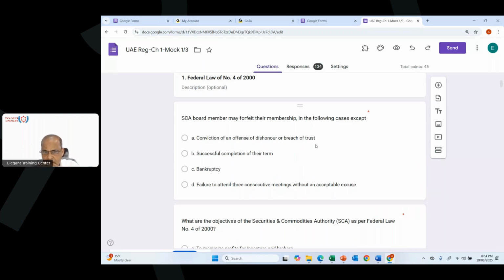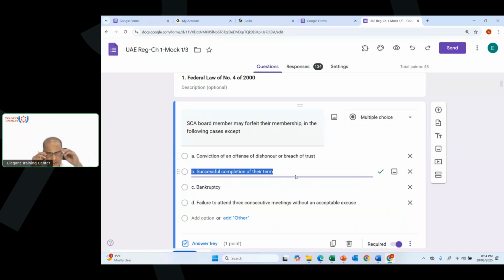Except B. Yeah, B. The question says except, correct? Conviction of breach of trust, bankruptcy, failure to attend is okay, but this is not okay. If a person has already completed the term, there is no question of termination. Simple. Next.